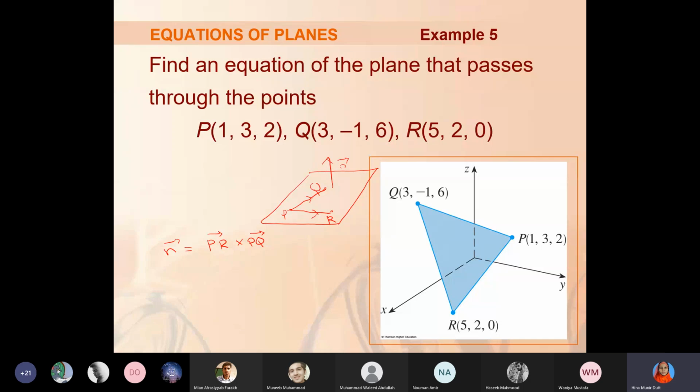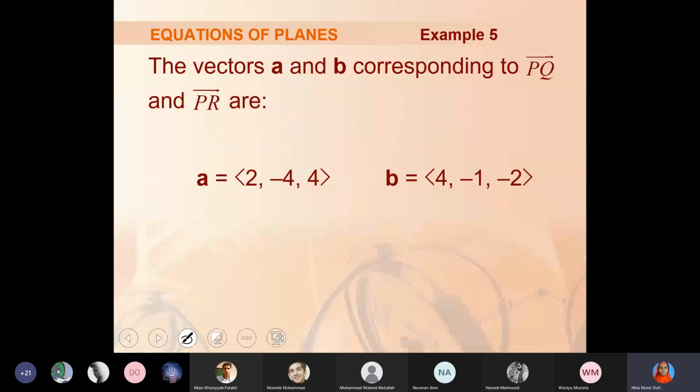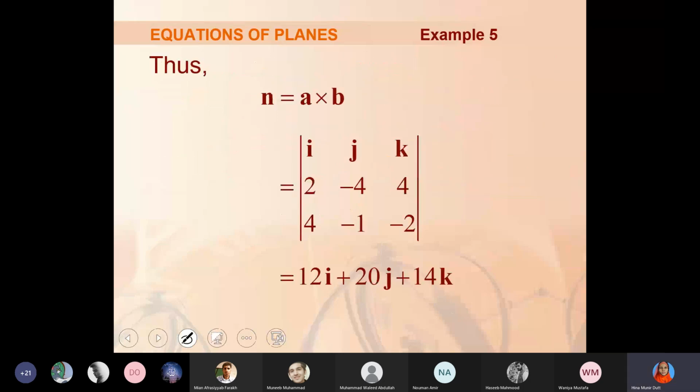Okay, the vector n is equal to this one, and by taking any point, P, Q, or R, I can determine the equation of the plane. So these are the vectors PQ and PR, and the vector n is formed by taking the cross product.